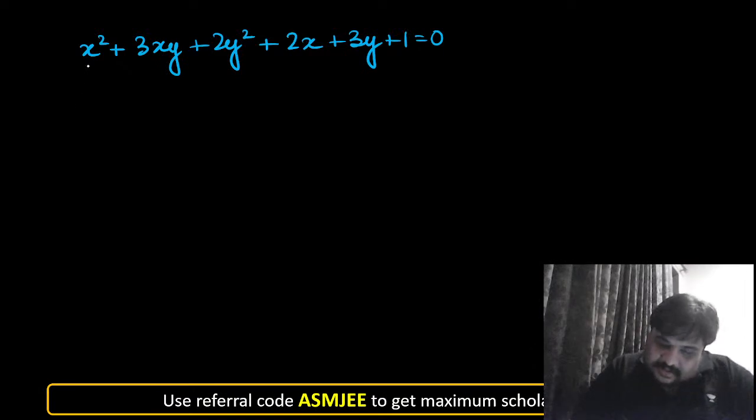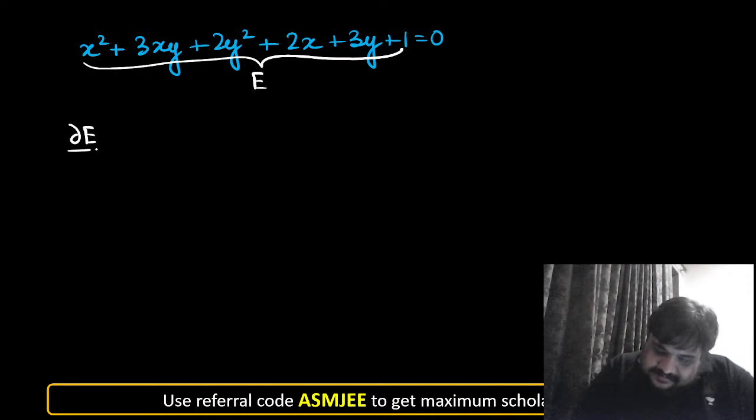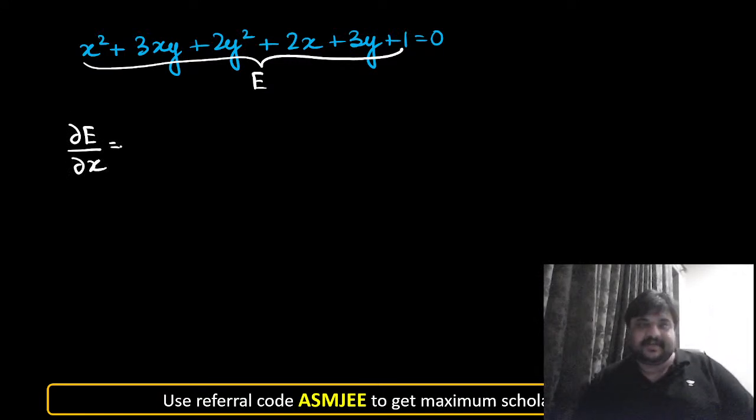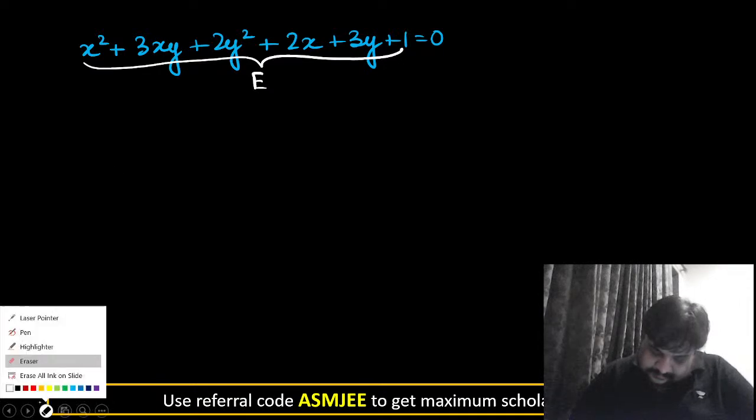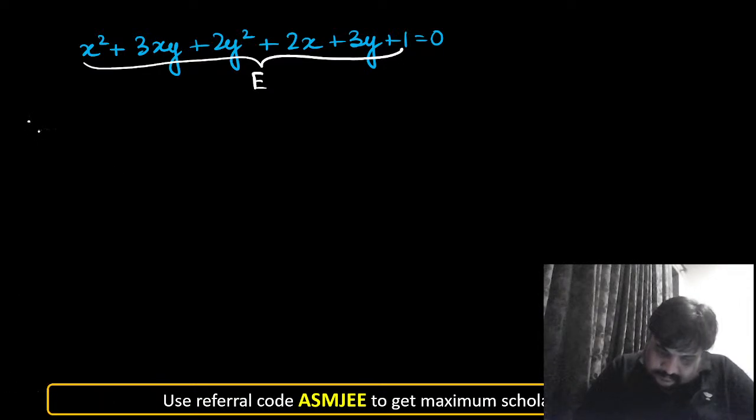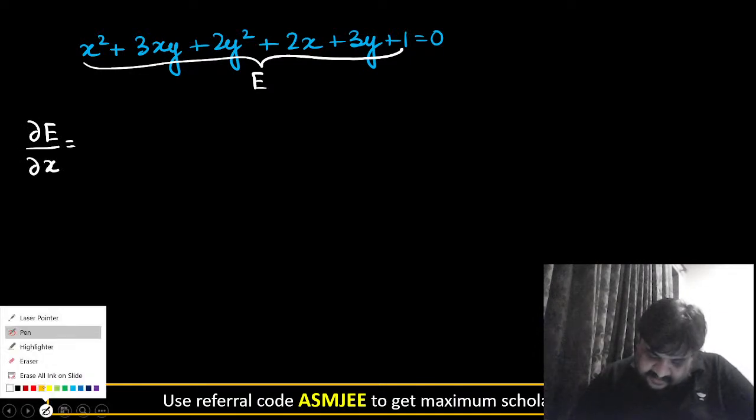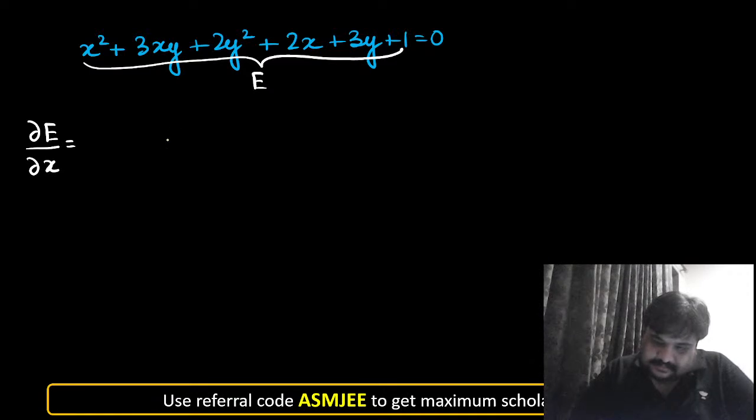How? Let's differentiate. Let's call this thing E. So del E by del X. A lot of people don't know what a partial derivative is; it is simply differentiating with respect to X, keeping Y as constant.